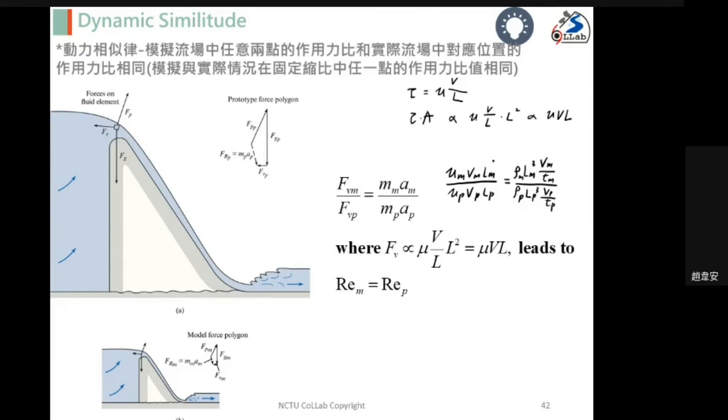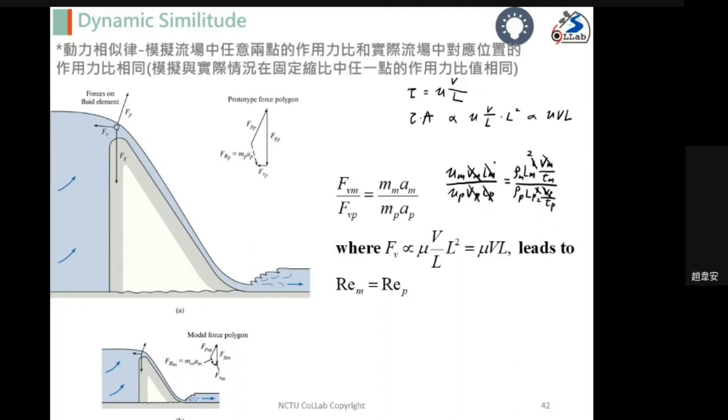Okay, so we just rearrange the equation. First we cancel out the parameters Vm and Vp, and we cancel out Lm and Lp, so the power changes to 2.